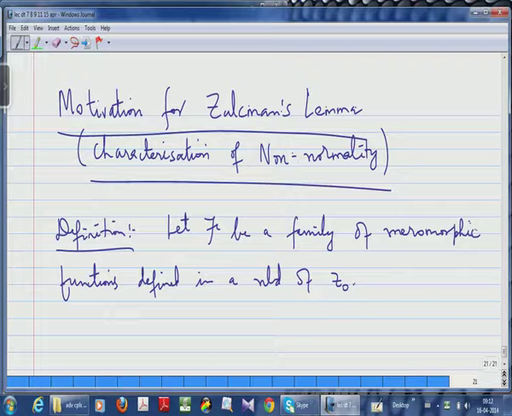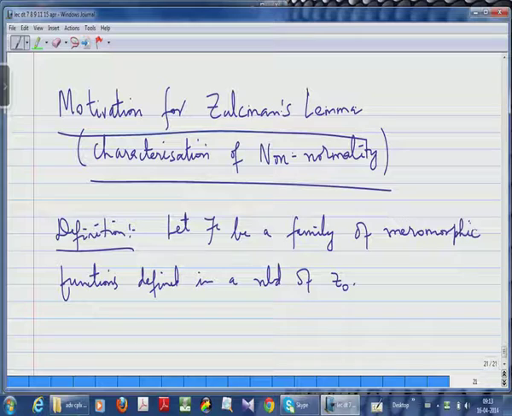Of course, this point z0 could also be the point at infinity, but let us assume that z0 is a point in the plane. You know how to treat the case at infinity. Suppose this is a family of meromorphic functions defined in a neighborhood of z0, that means it is defined in an open disk containing z0.